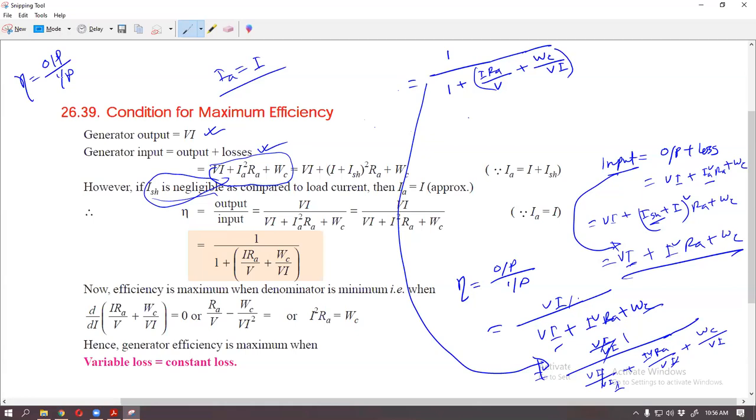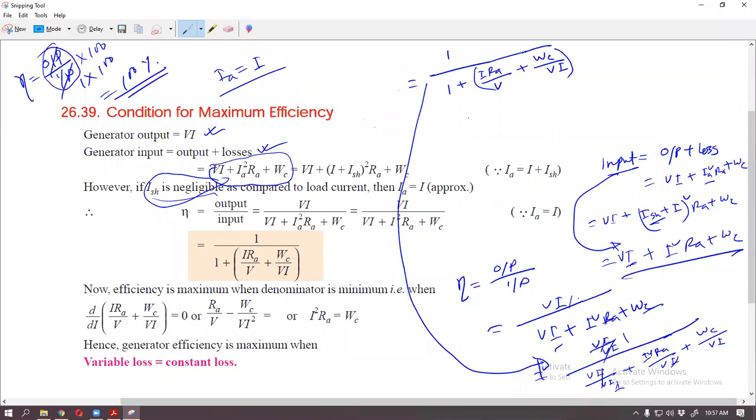If output is 100 and input is 100, or input 50 and output 50, both the same, then your efficiency must be 100%. If output and input are the same, the ratio is 1, so 1 into 100, efficiency 100%.